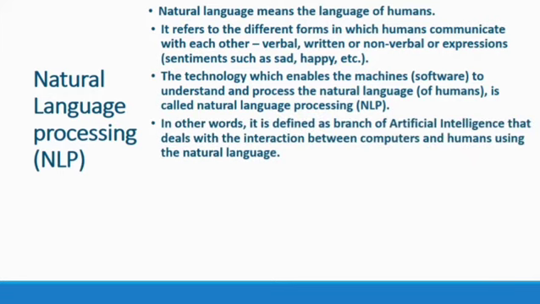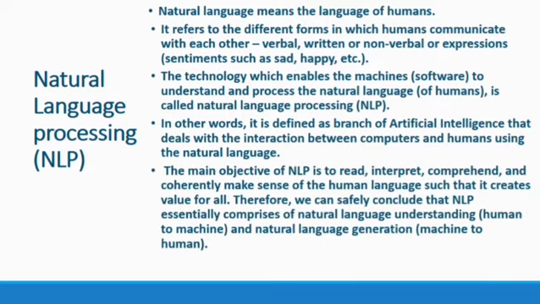In other words, it is defined as a branch of artificial intelligence that deals with the interaction between computers and humans using natural language. The same language which we use to communicate, if we give this ability to a machine, that has to be done with the help of NLP, that is natural language processing.